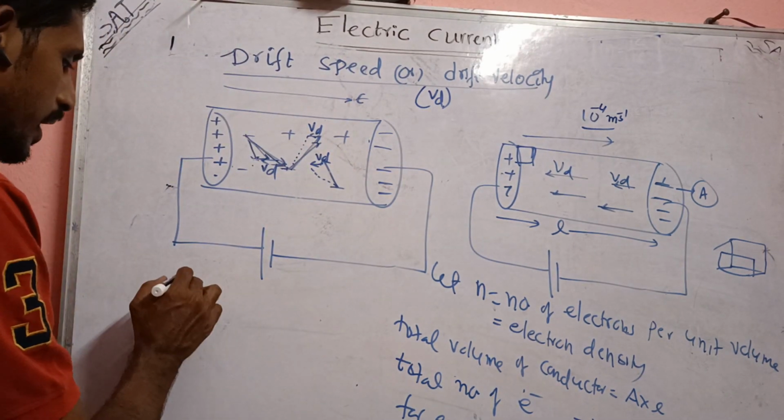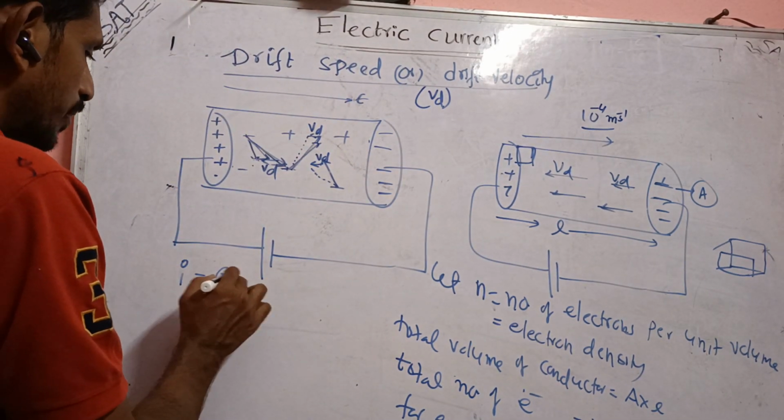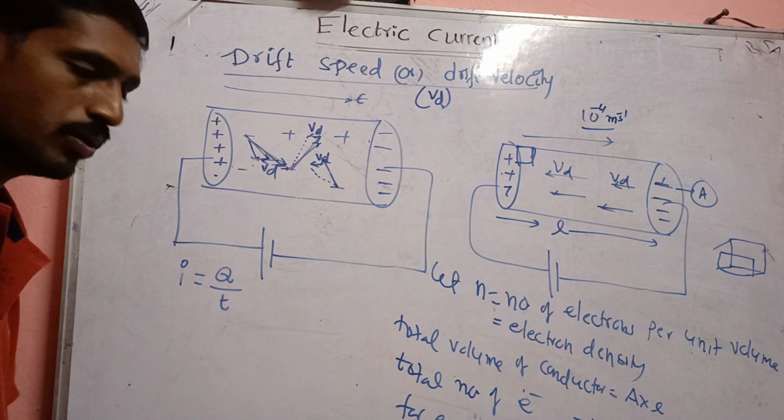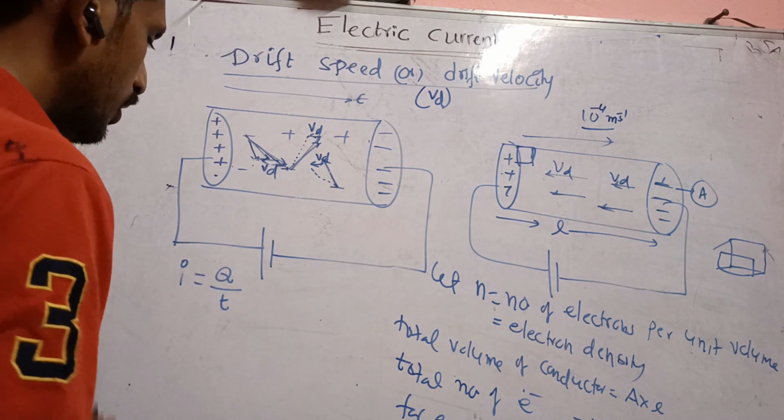So you know what the current is. Current is equal to total charge by time. I want to substitute here. What is the time?